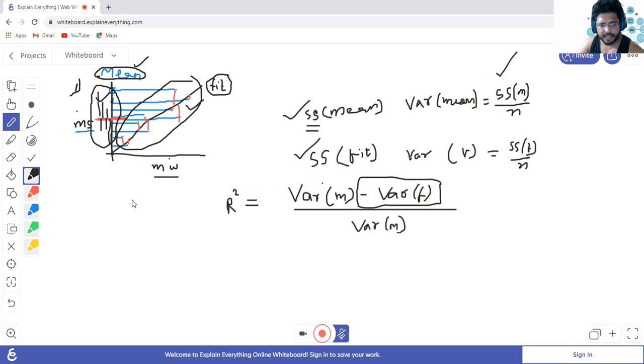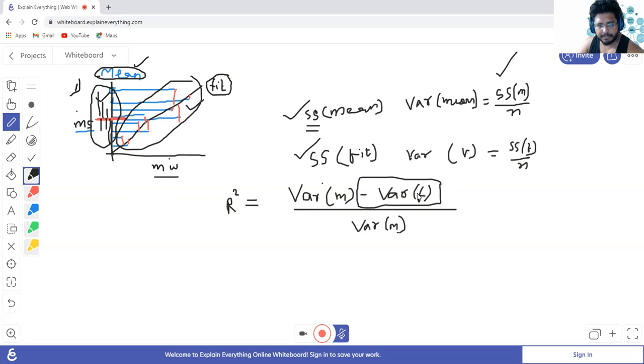Okay, it is giving me the entire 100% variance in the data. That means there is no confidence in my prediction of data.